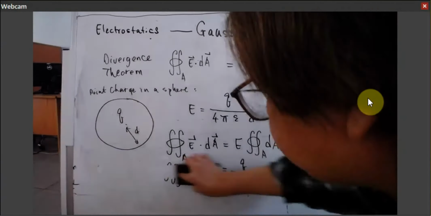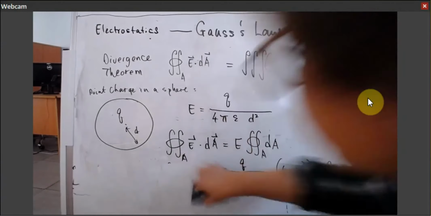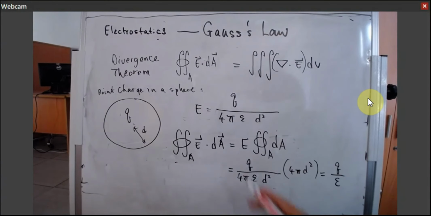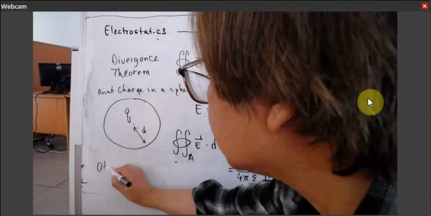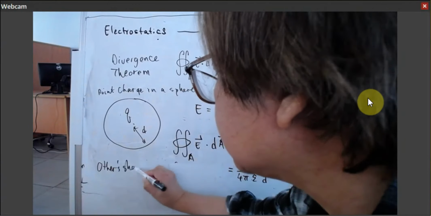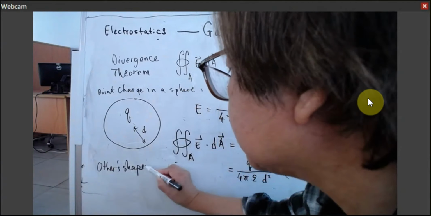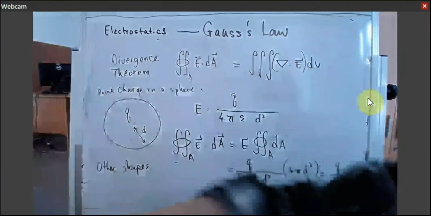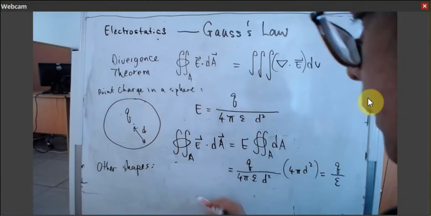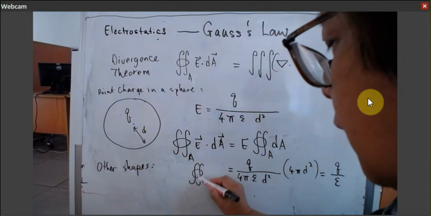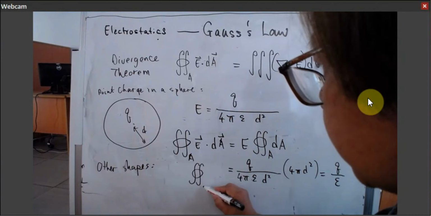This means the formula is going to be applicable to other shapes. Other shapes, sorry, that should have been. As long as it is a closed surface, it will work.